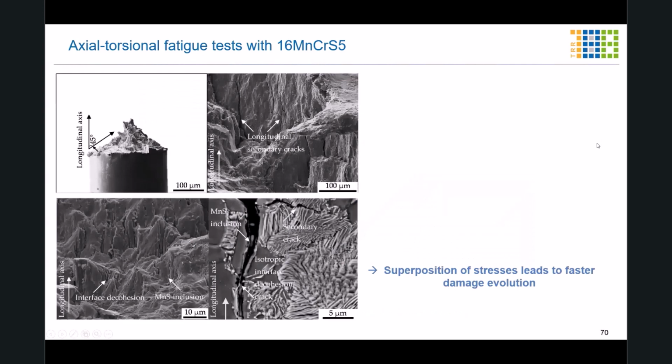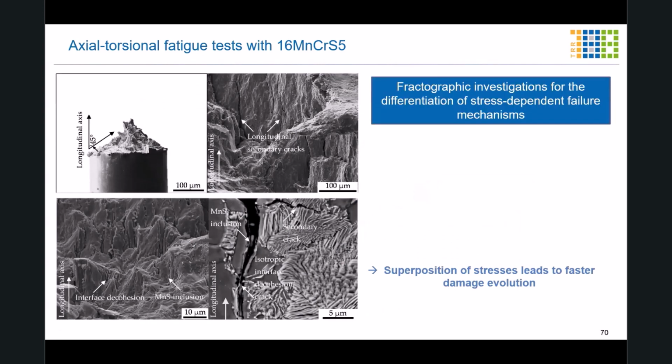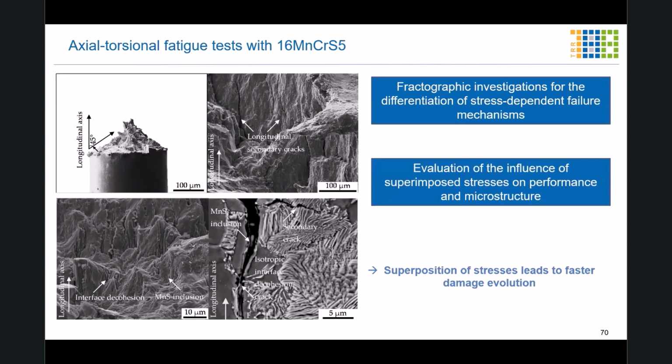By looking at the fracture areas of the specimen, we saw that the fractographic investigation allows the differentiation of the stress-dependent failure mechanisms regarding the torsional failure mechanism and the tension-compression failure mechanisms. As well, we can see that the manganese sulfides and the voids are of importance for each of the different stress types that we investigated.